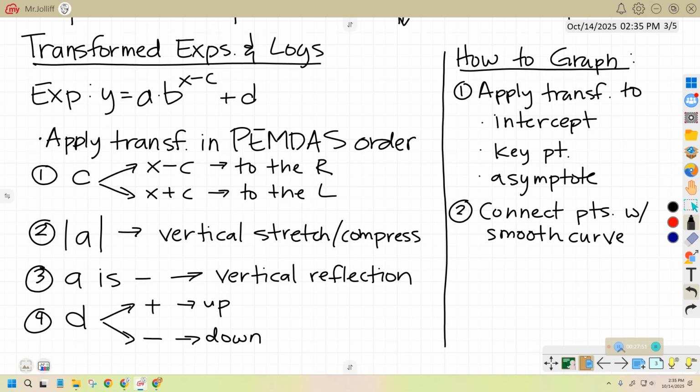If you want, you can make a table of values and include some x values that are not already in there. We know a table of values is our default if I don't remember how to graph something, if I don't recognize the form of the equation. But if you recognize it's exponential, identify those points and that asymptote, and connect the dots with a smooth curve.